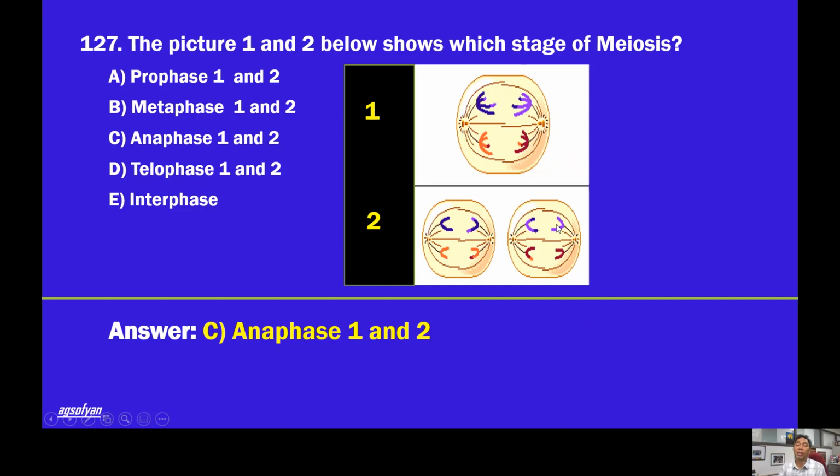You see the difference: in anaphase 2, the chromosome is really divided and then pulled into each side of the cell. In picture number 1, the chromosome is not divided yet, but they will be pulled into each opposite side of the cell.